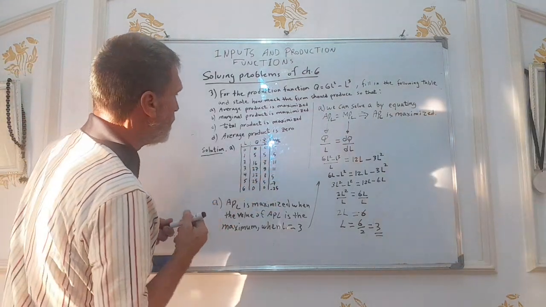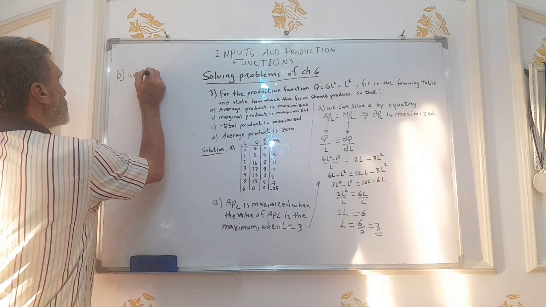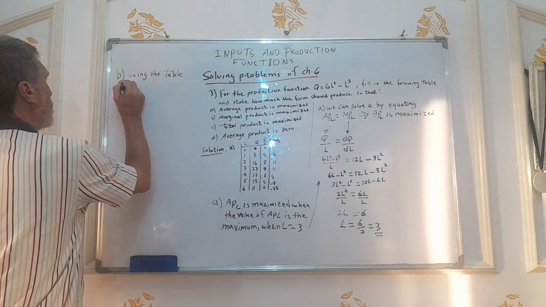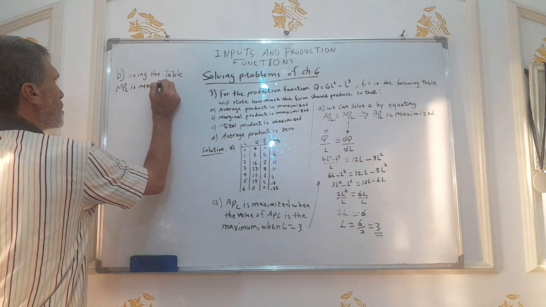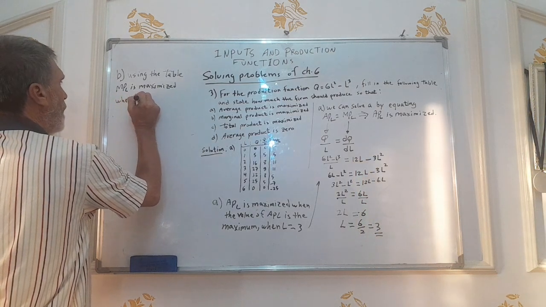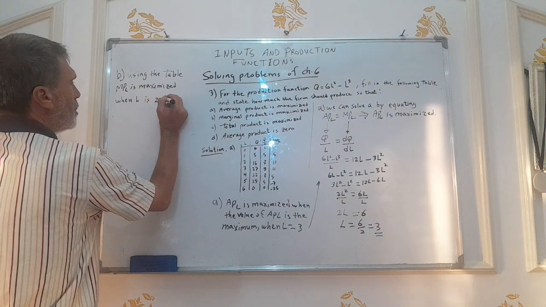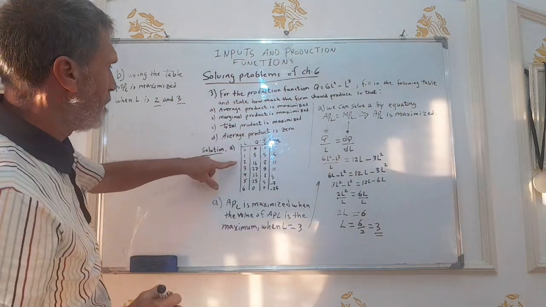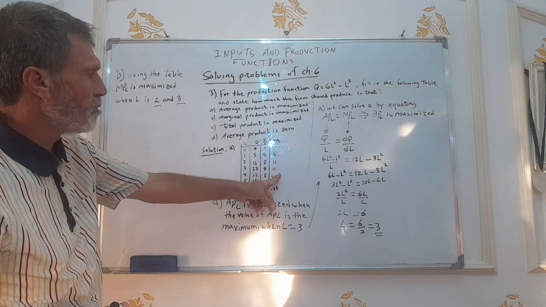If you look at the table, marginal product of labor is maximized when L is 2 and 3, because that will give you the highest value of marginal product.